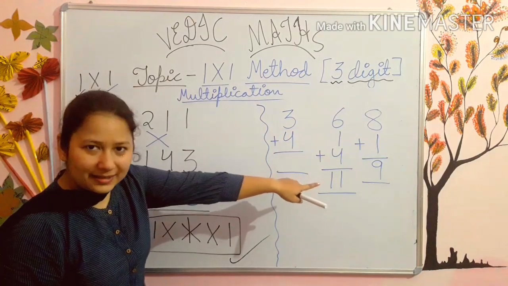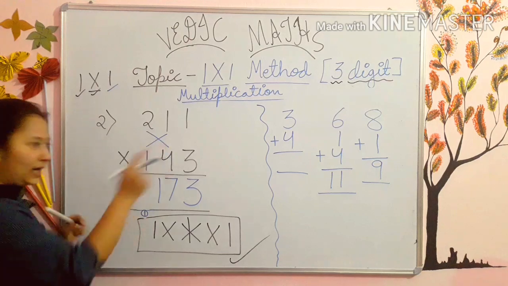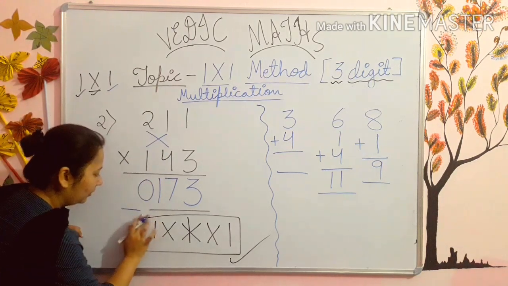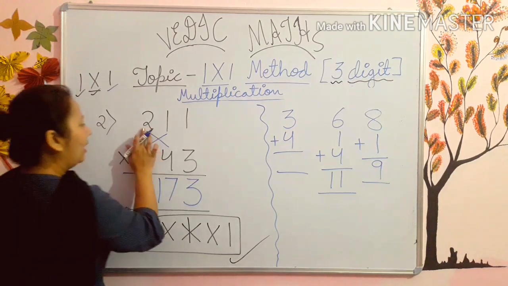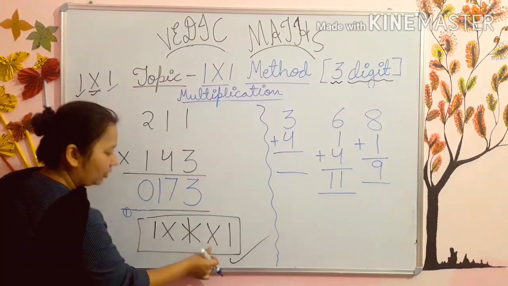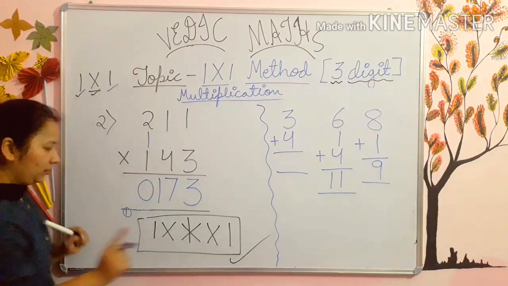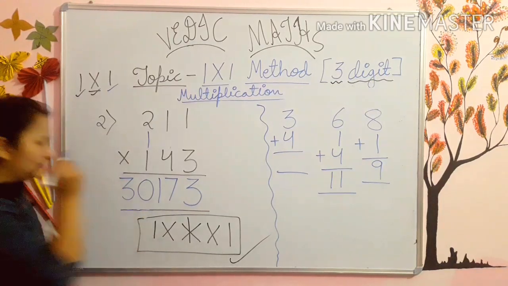So students, 9 is there. Now 9, but don't forget this carry. So 9 plus 1, 10, 0 here, and 1 will again go carry. Now the last, after cross is I. 2 ones are 2, 2 plus 1, 3, and this is your answer.